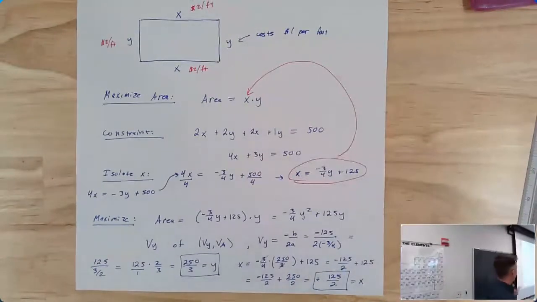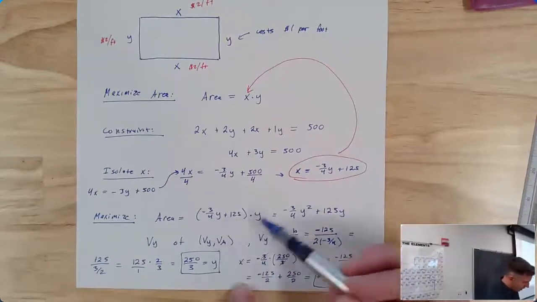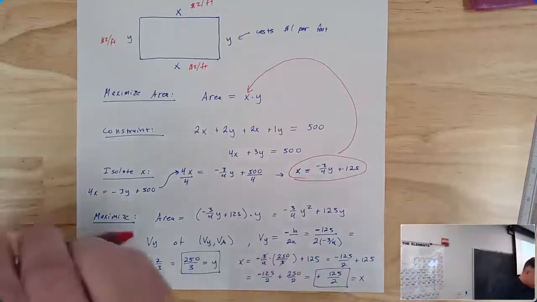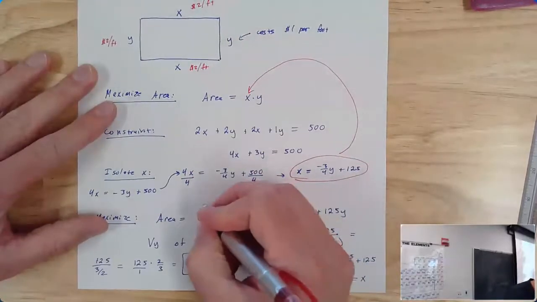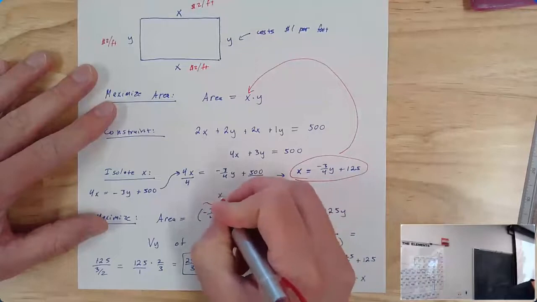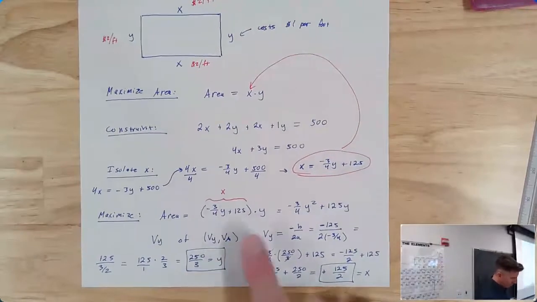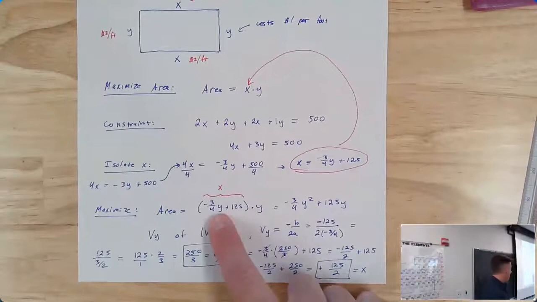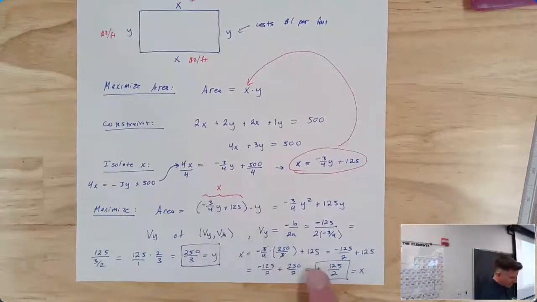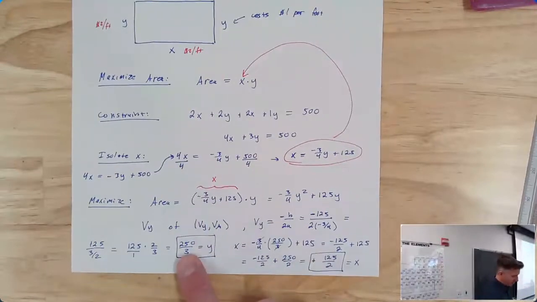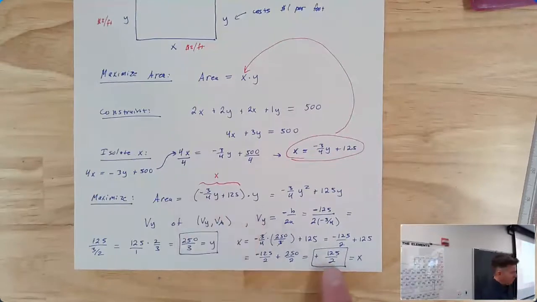Here's what's kind of neat to see, and I think this is worth mentioning. If you look at this area equation, this is just X times Y. So you could think about plugging in the Y value of your vertex, which is 250 thirds. But since we've also found X, I know that if I plug in 250 thirds there, I'm going to get 125 halves.